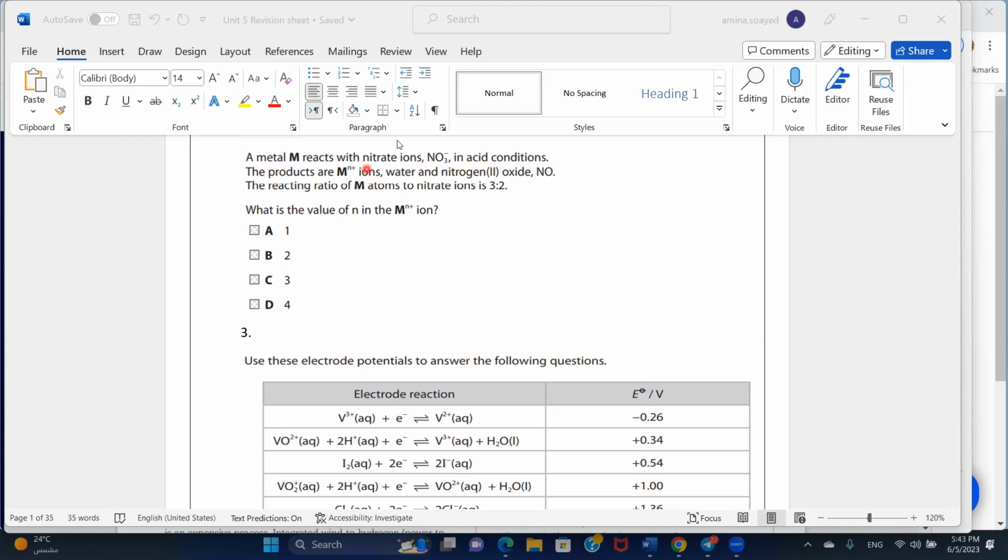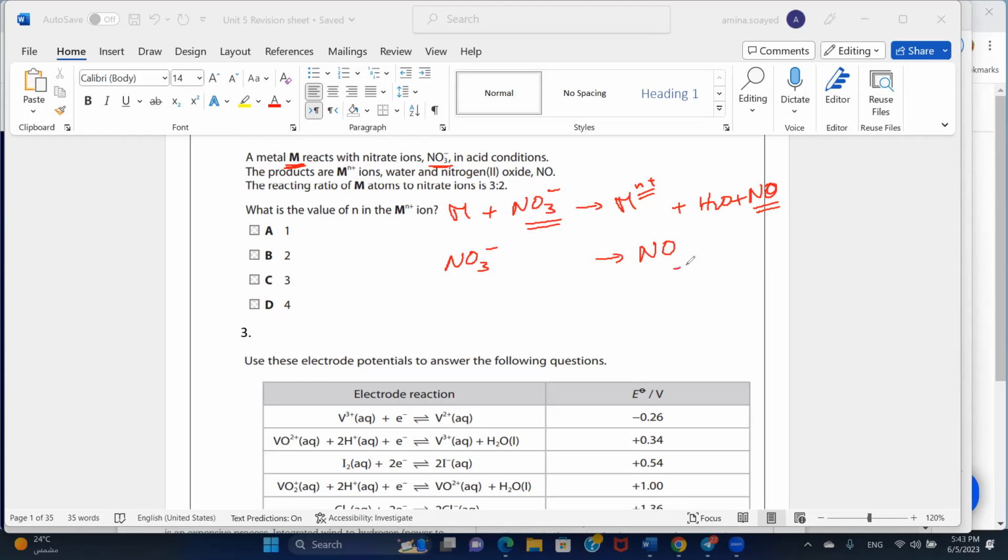Right. Okay. We said that here, they said that the metal reacts with the nitrate ion. So the metal reacted with the nitrate ion to form a metal ion, which we want to know how much is this value, plus water plus NO. Now, we are going to start with the nitrate ion. The nitrate ion changed to NO, and of course, we have to find the oxidation number of the nitrogen in each.